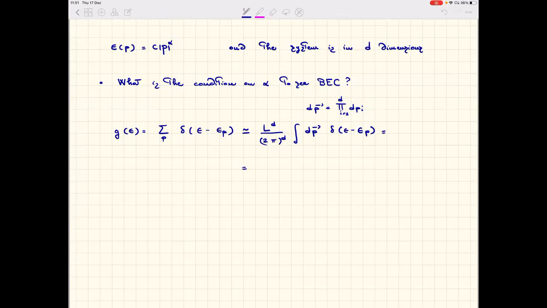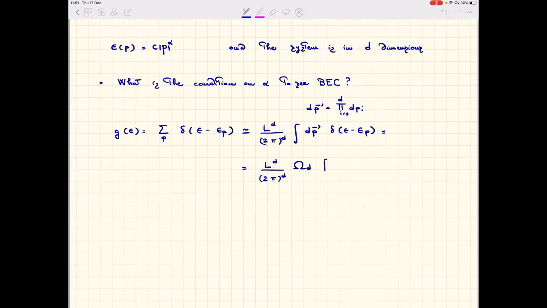This is equal to L to the d divided by 2 pi to the d. Then I'm going to have the solid angle in d dimensions that we calculated a long time ago, but I don't remember the value now.